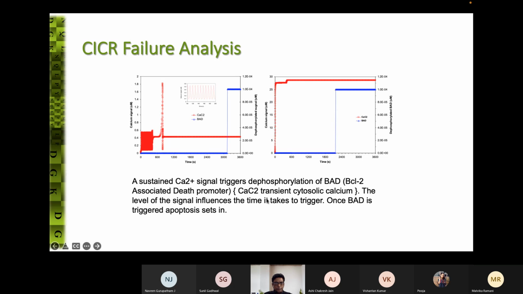Say you were looking at the oscillations taking place in the cytosol, which is the CaC2. You can see that there's an oscillation there.